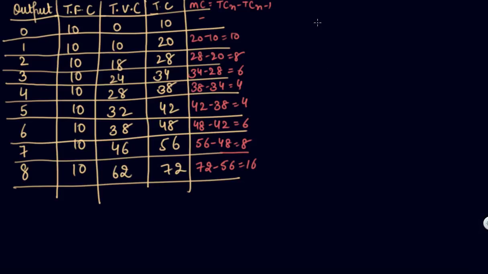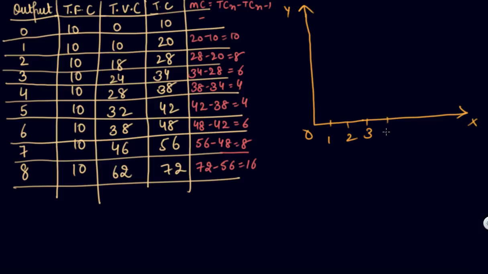Let's plot this marginal cost on the diagram. Output is 1, 2, 3, 4, 5, 6, 7 and 8.